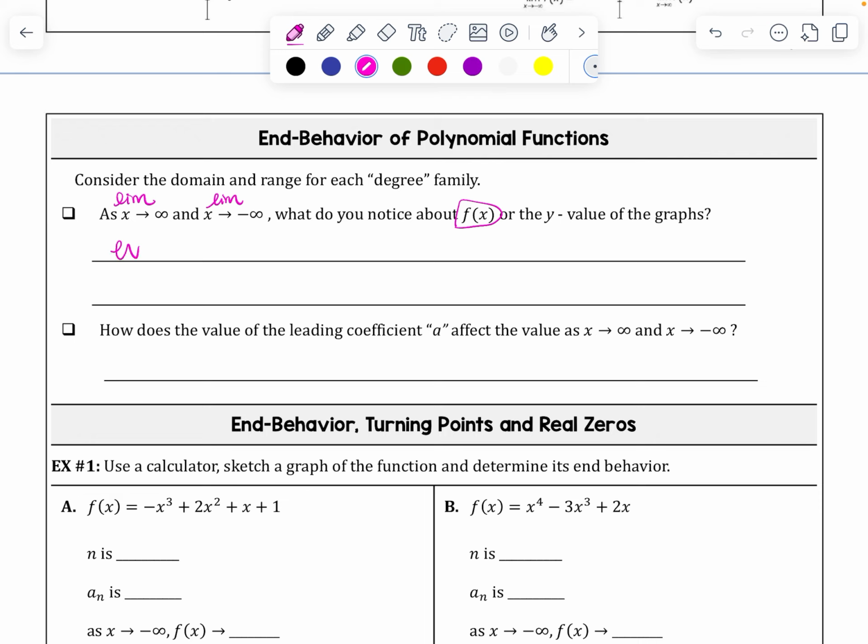So remember that if it's even, they have the same end behavior. And if it's odd, on odd powers, their end behavior is opposite.